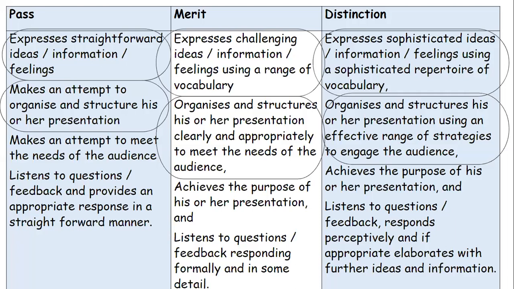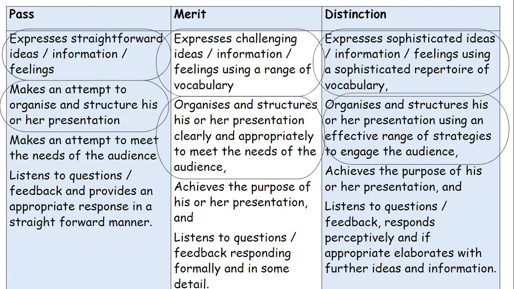Whereas for a merit, you would be expressing challenging ideas and information. You'll be going into more detail about your topic and the different ways it can affect people. And a distinction expresses sophisticated ideas and information, a sophisticated repertoire of vocabulary. So that's thinking about those language devices, thinking about your word choices, and going into lots of detail about how your area of discrimination affects society and how it could be changed.